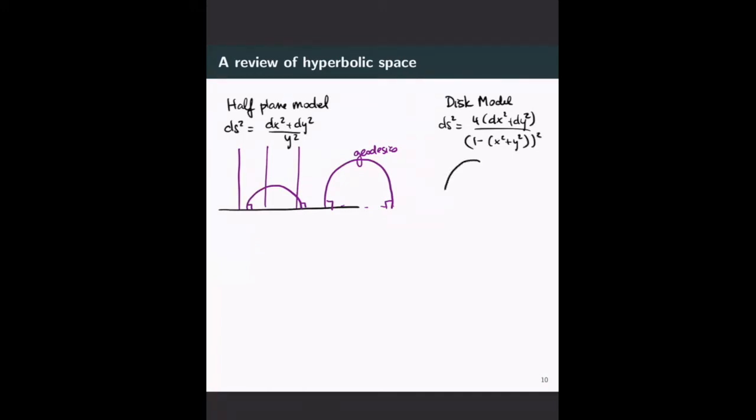But this is sort of infinity. And the geodesics are circles that meet the boundary perpendicularly.